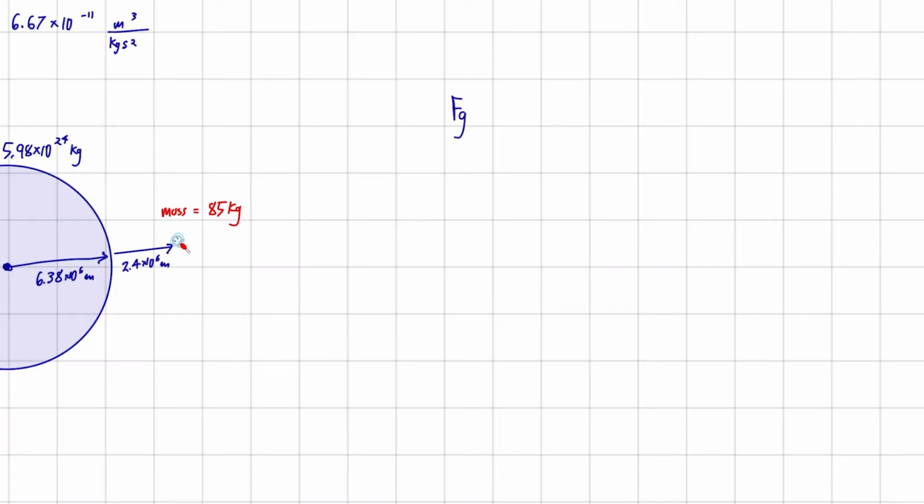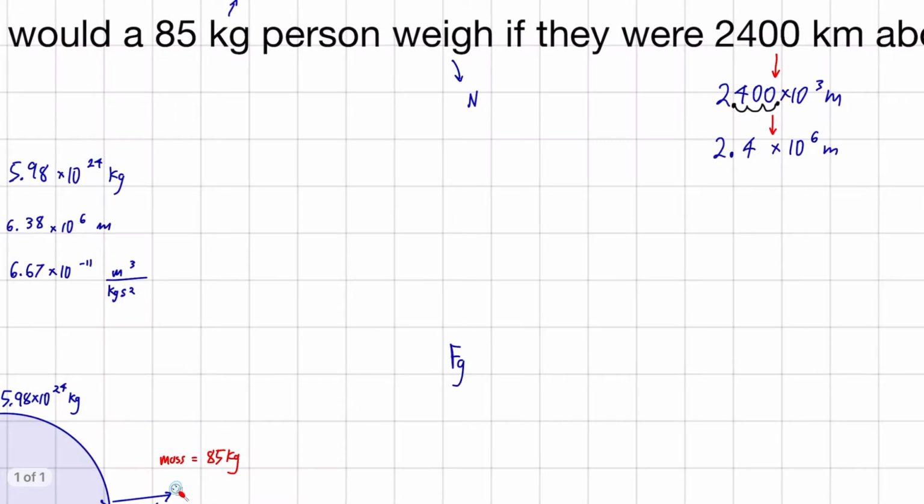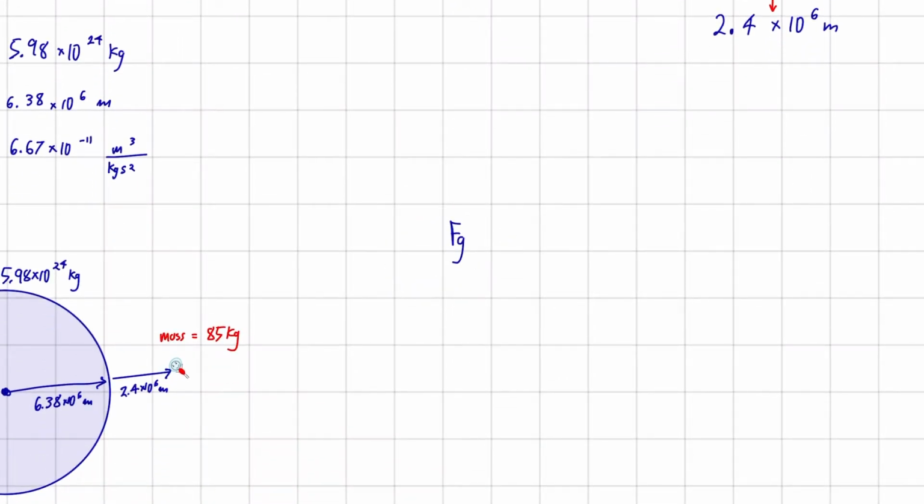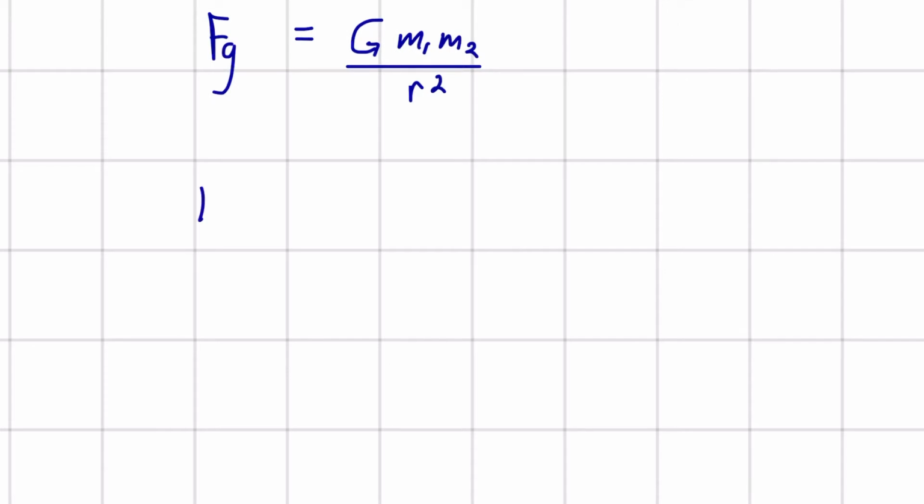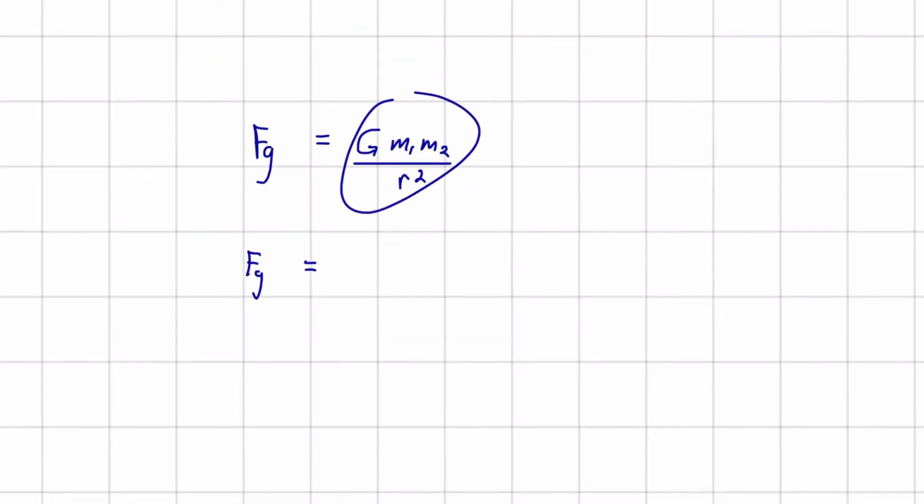Our FG is the force we're looking for, how much the person weighs. It's the force of gravity acting on them. And for this, we have a formula: G times M1 times M2 all over R squared. So what values can we plug in here?